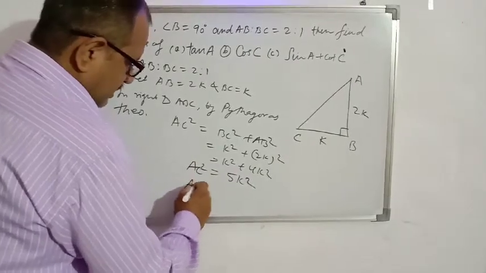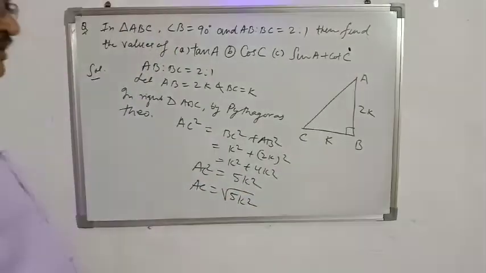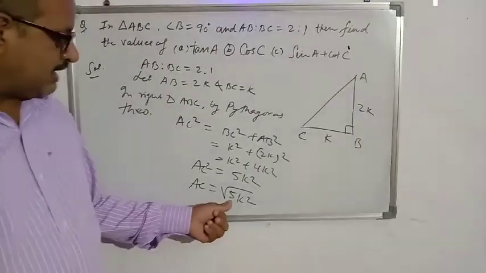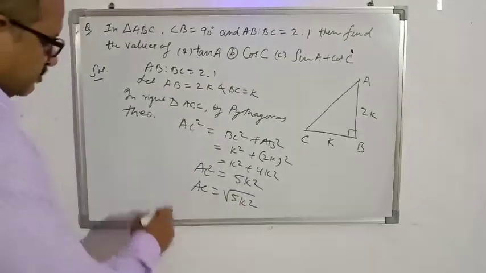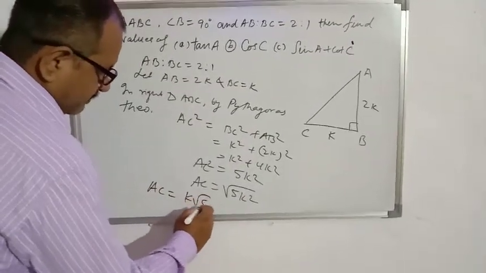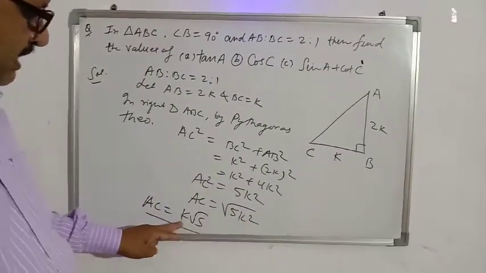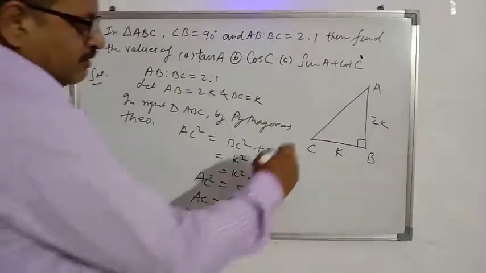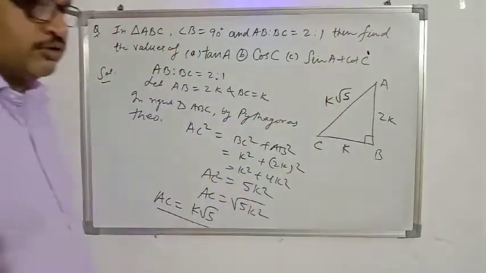So what will be AC? We will take the square root of 5K square. We cannot take the square root of 5, but we can take the square root of K square, so K can be taken outside. AC will be K root 5.